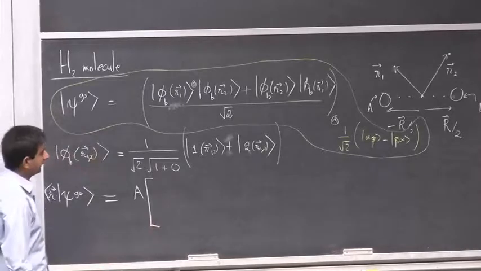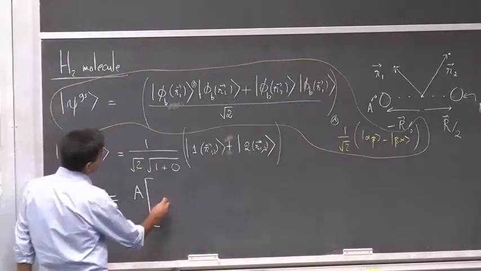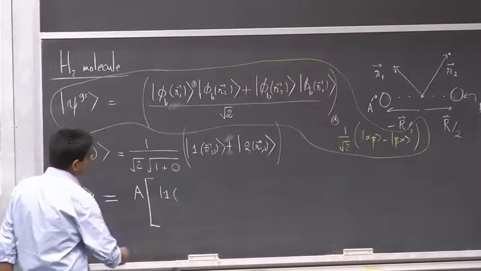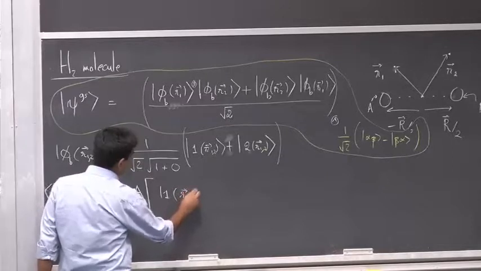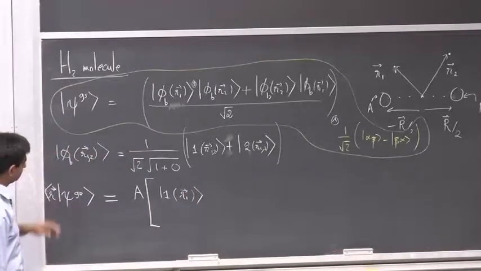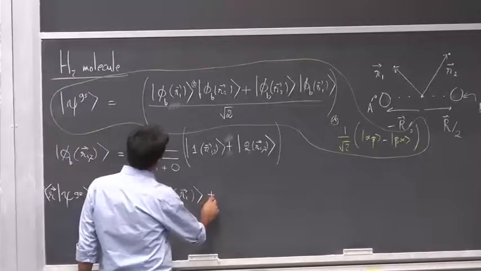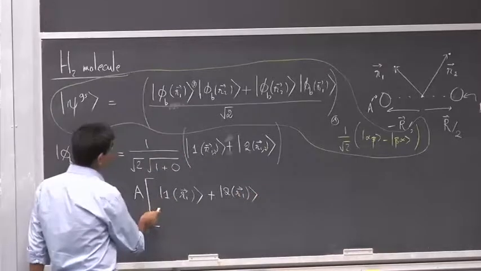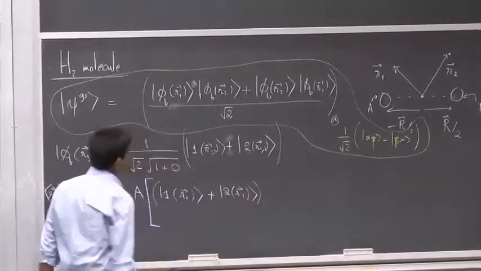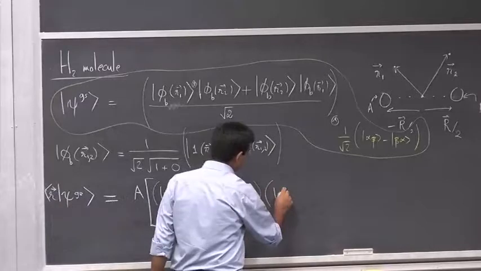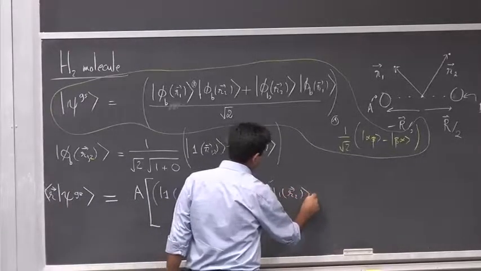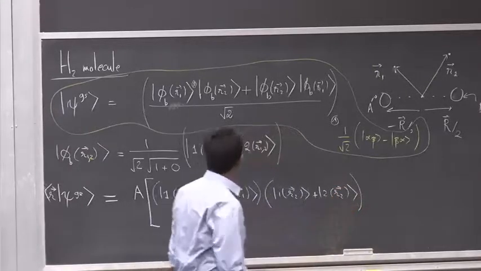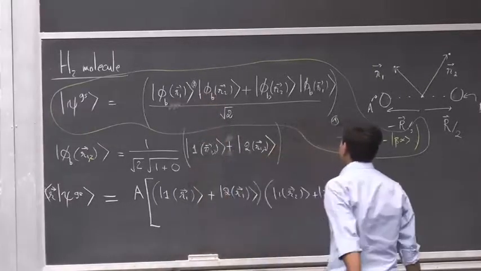I get 1 of r1 plus 2 of r1, times 1 of r2 plus 2 of r2. So this is this direct product.